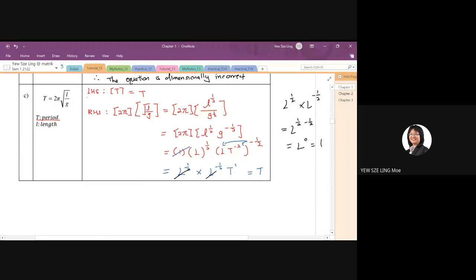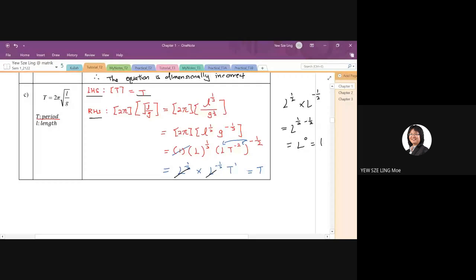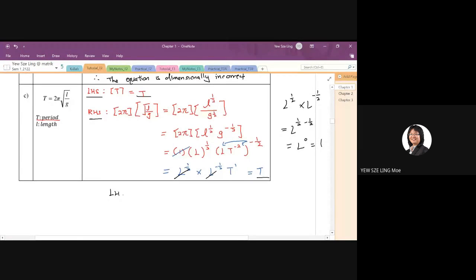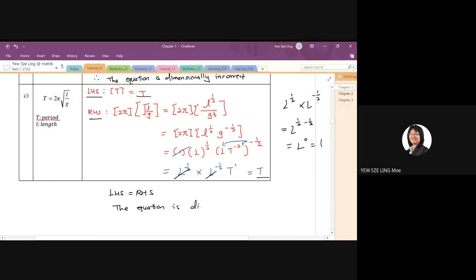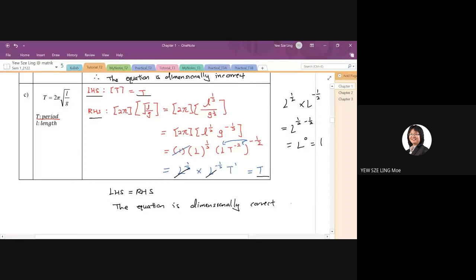Left-hand side, we have T. Right-hand side, we also have T. Therefore, the conclusion is left-hand side equals right-hand side. So this equation is dimensionally correct.